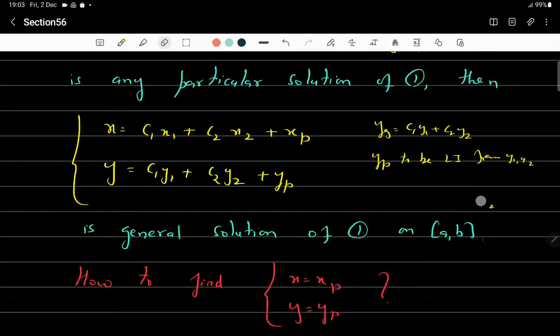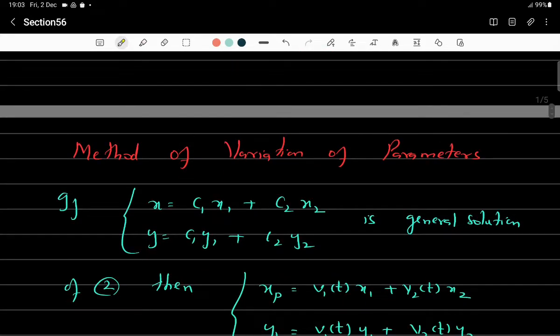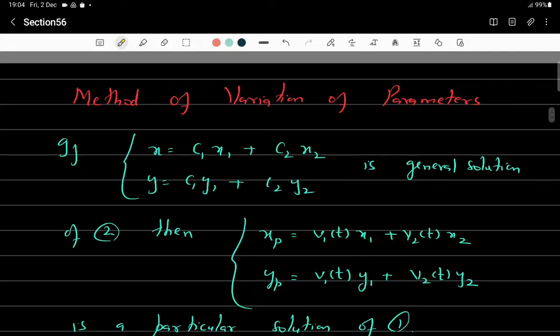Similarly, to find the particular solution using the method of variation of parameter, you compute the general solution of the homogeneous part and replace c1 and c2 by non-constant functions of t. So if this is the general solution of equation 2, then xp, yp would be obtained by replacing c1, c2 by v1(t), v2(t), which gives you the particular solution of the non-homogeneous equation.